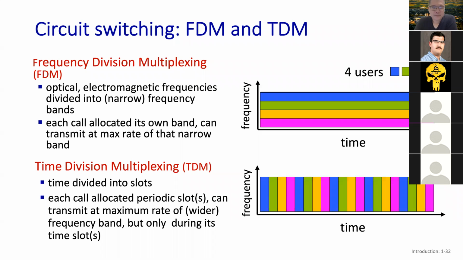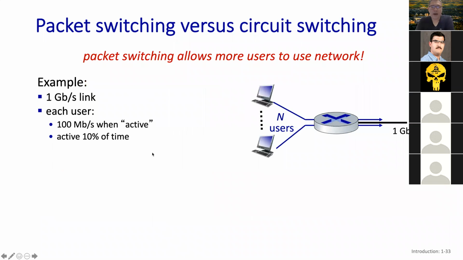If we compare circuit switching with packet switching, there is something interesting here. Generally speaking, packet switching allows more users to use the network. Why can we say this? For example, consider a link with a bandwidth of 1 gigabit per second.